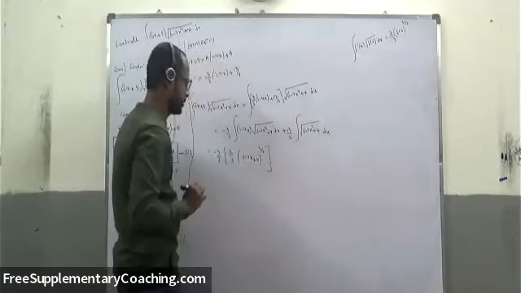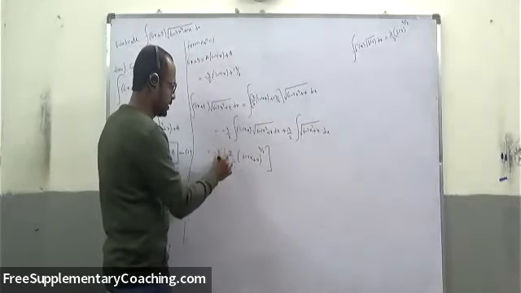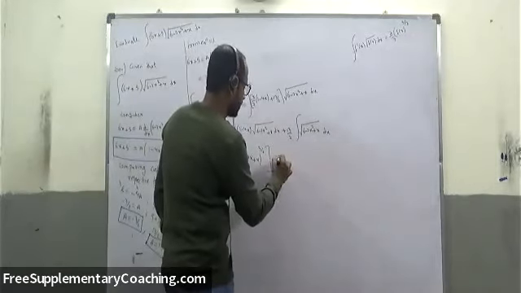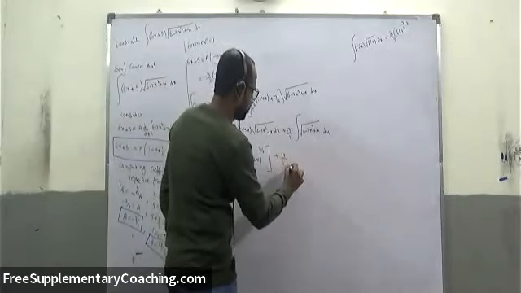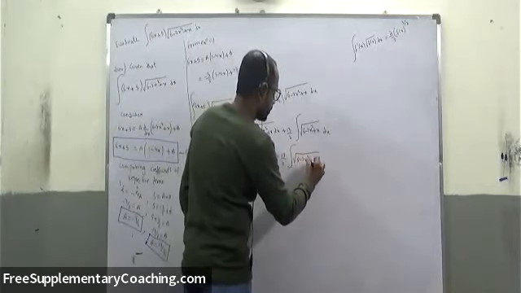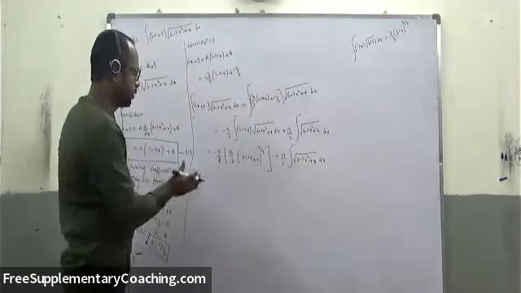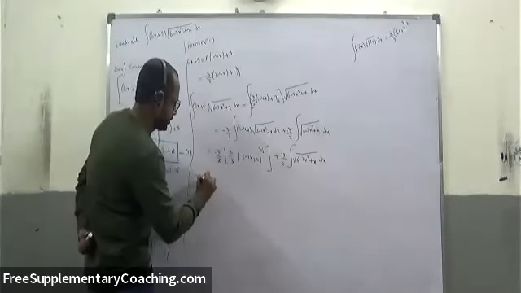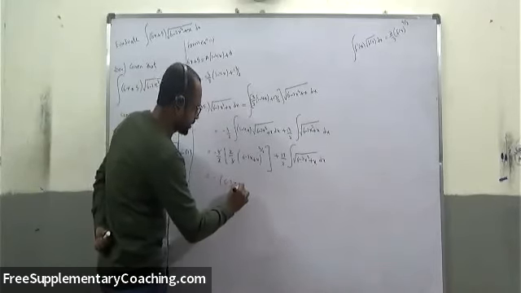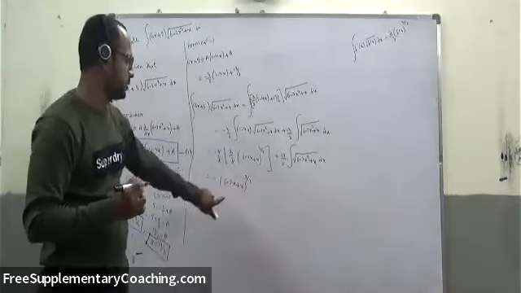Again, close the bracket. Okay. So now these three, these two get cancelled. For this, right now I'm keeping it as it is, plus 13 by 2 integral root over 6 minus 2x square plus x into dx. Okay. Now simplify it. What we are getting? Minus in the bracket 6 minus 2x square plus x whole power 3 by 2. If you simplify it, you will get this form.